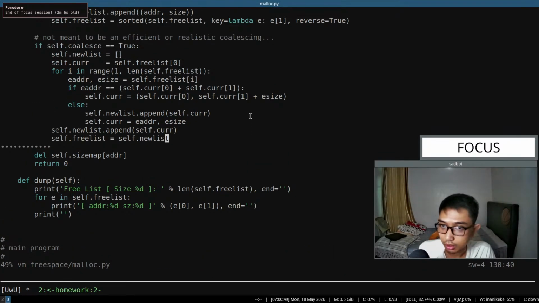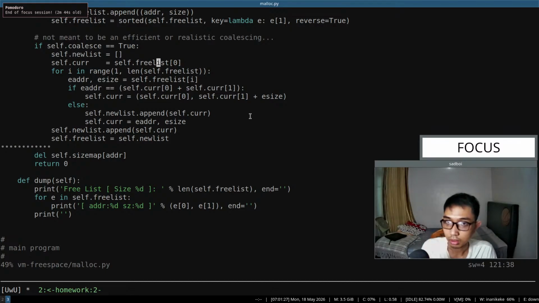So we are, I think this one. Oh, we keep coalescing the neighboring free memory, maybe something like that.